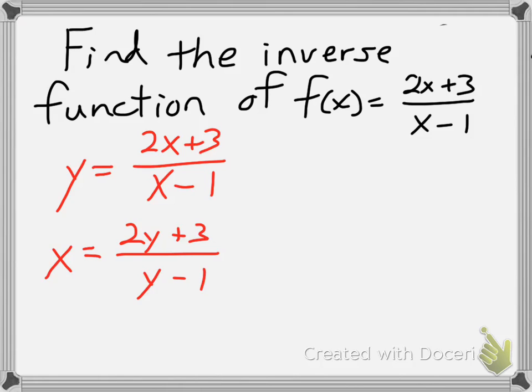The first thing I need to do is get my y expression out of the denominator. In other words, I want all of my variables for y, since that's what I'm solving for, to be on the same level. In other words, nothing in a denominator. So to do that, I will multiply each side by y minus 1.